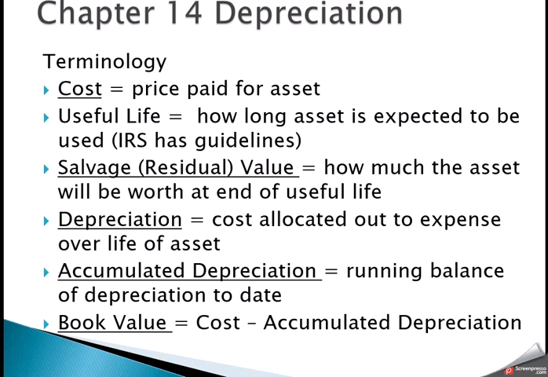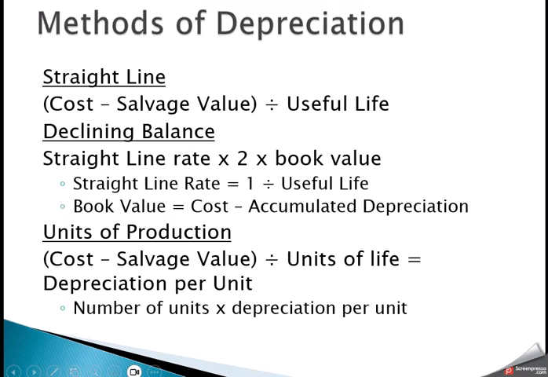And then how we account for it is we always leave the cost in our asset. We have this account where we keep a running total of how much we've depreciated. And that running total is called accumulated depreciation. So our cost minus that accumulated depreciation is what the asset is worth to us on any given day.